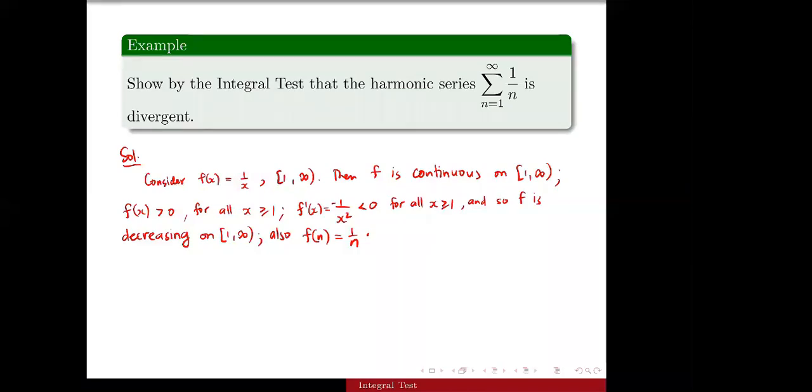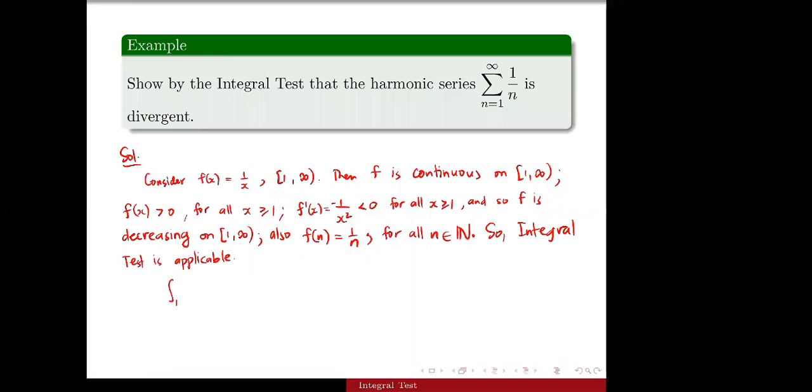For the decreasing part, I used the first derivative test. And finally, the evaluation at n: f of n equals 1 over n for all n in the set of natural numbers. So the integral test is applicable.